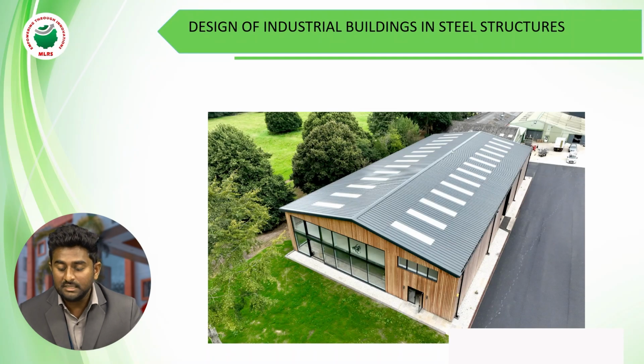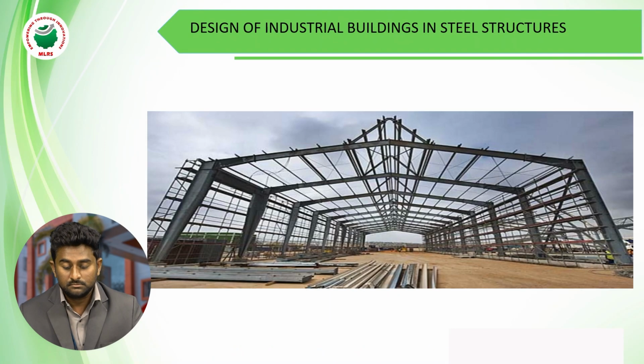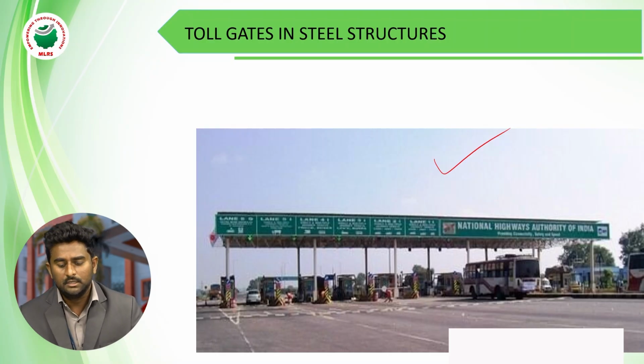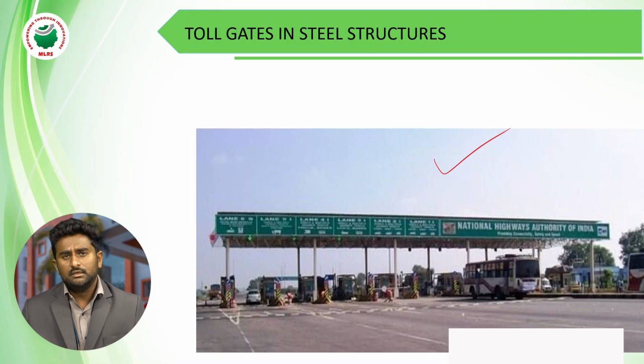Design of industrial buildings in steel structures, like godowns, cinema theaters, large malls, etc. For example, in toll gates they have to provide the columns and large girders. Why can we use the girders? They can span large distances, carry heavy loads, and can be built.